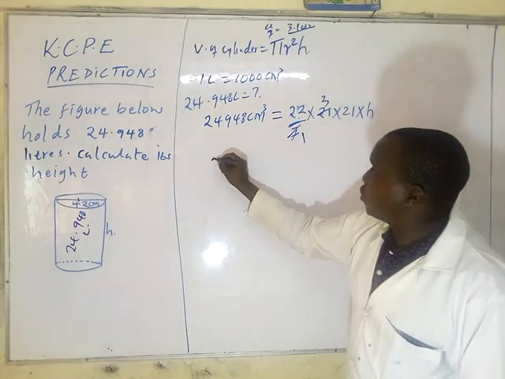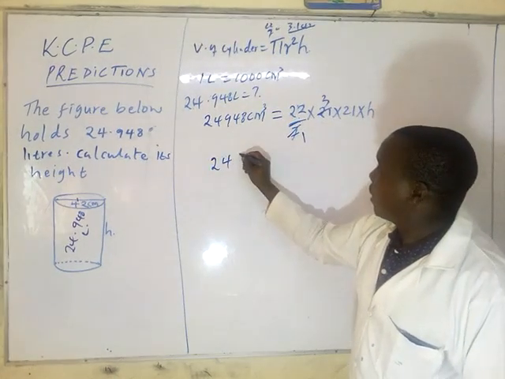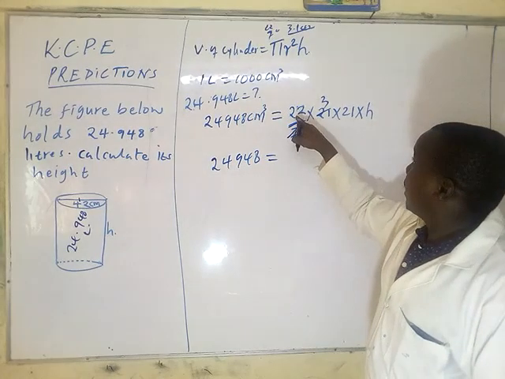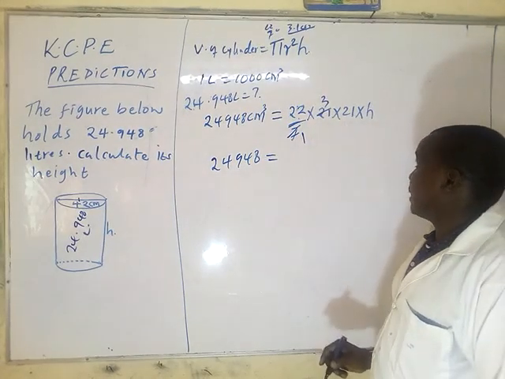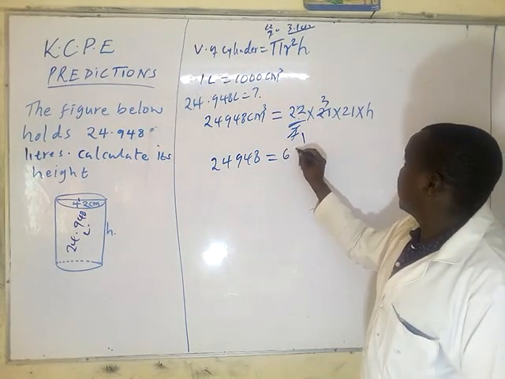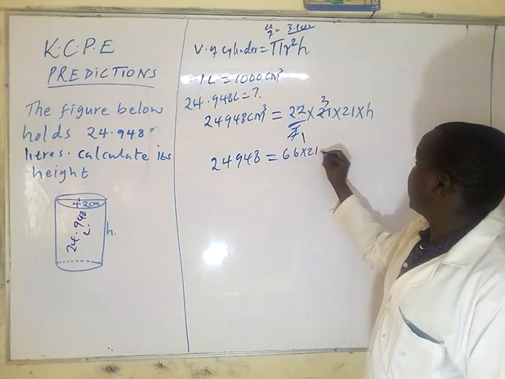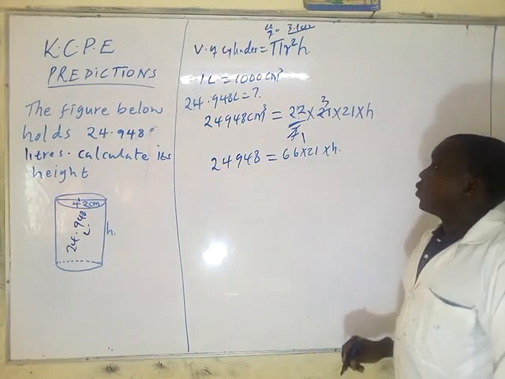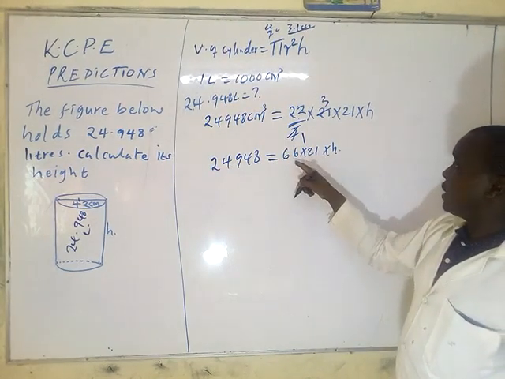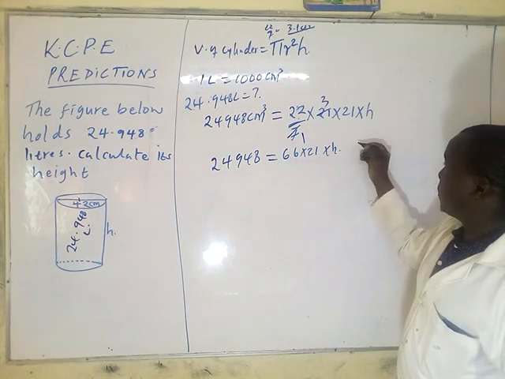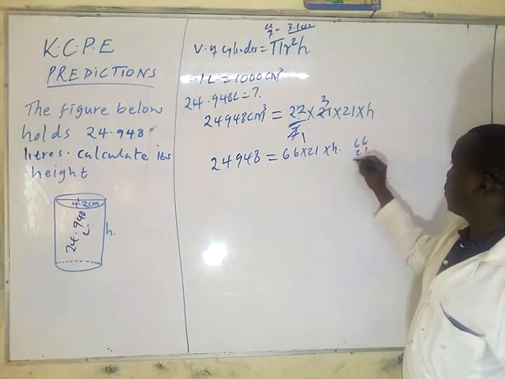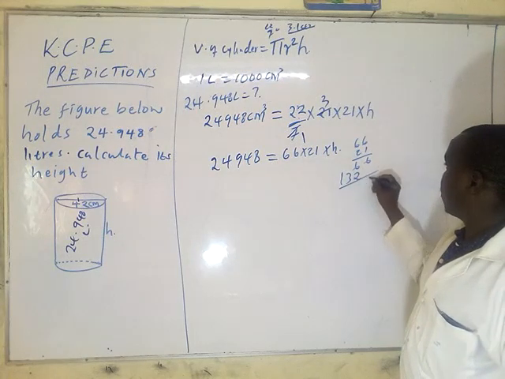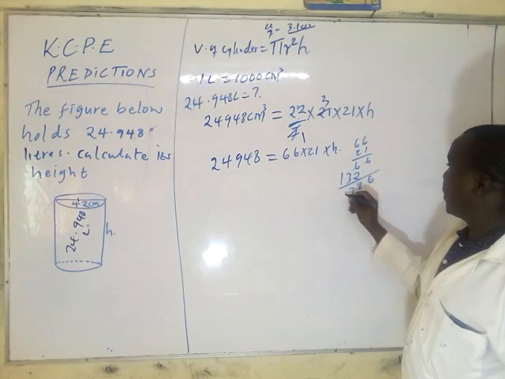So we will have 24,948 equal to 66 times 21 times h. Now multiply this times this very fast. 66 times 21: 6, 6, 12, 13. So we will have 1386.